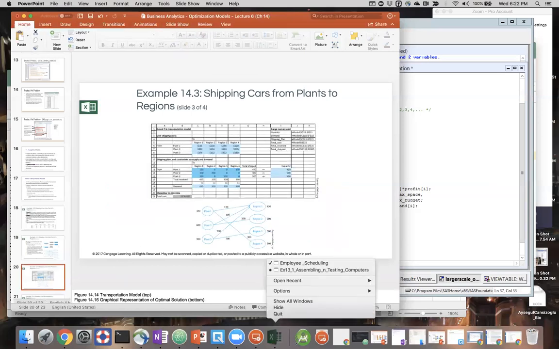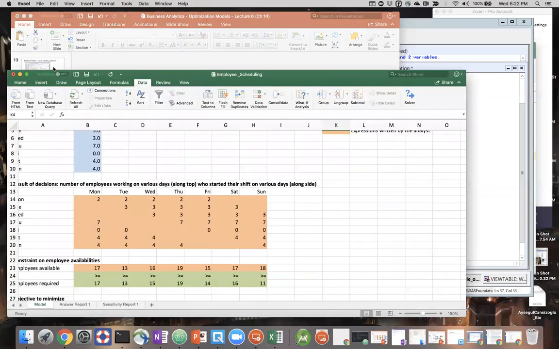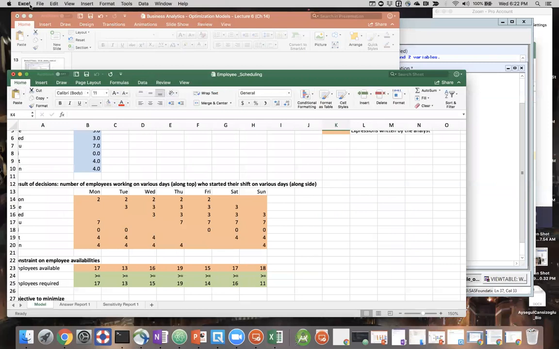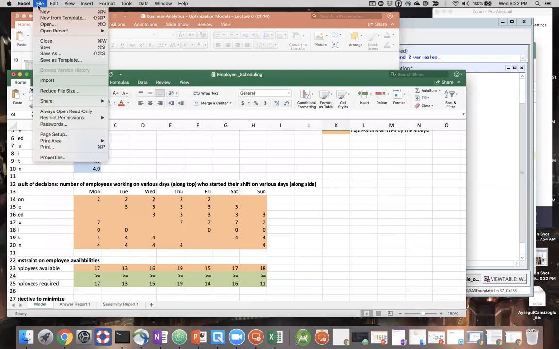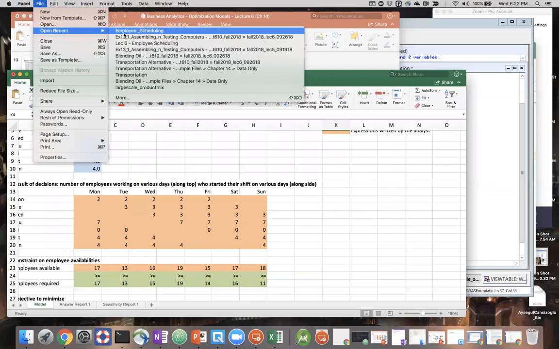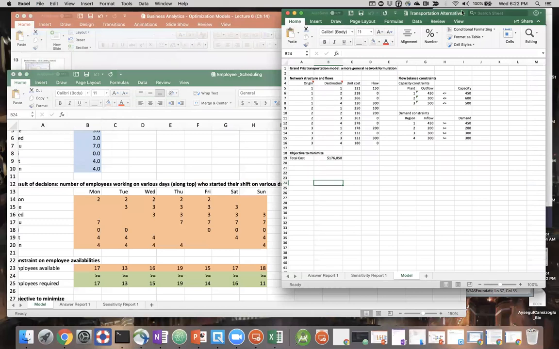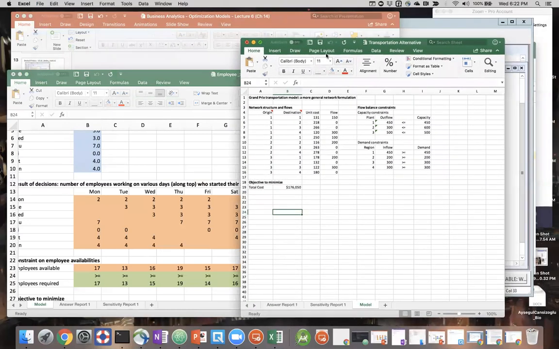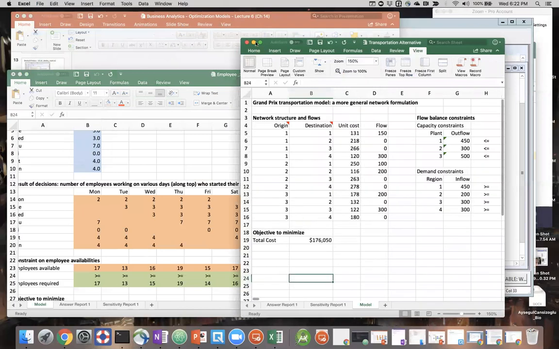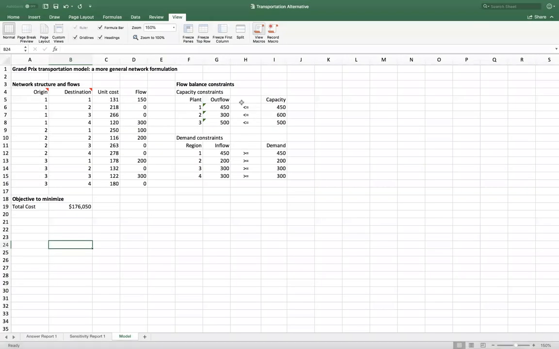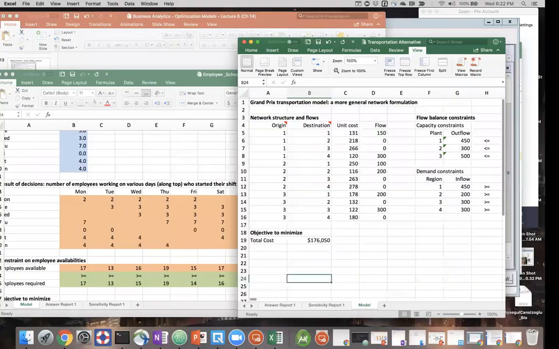Okay, so I'm going to open the Excel for this. Let's open. I think this is the one. Okay, and again, this file is uploaded under module 2, under the lecture notes, and let me show you where it is.